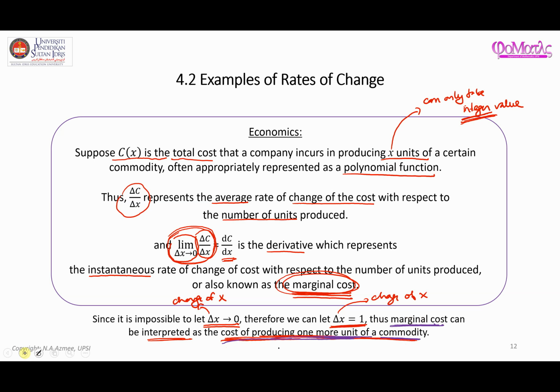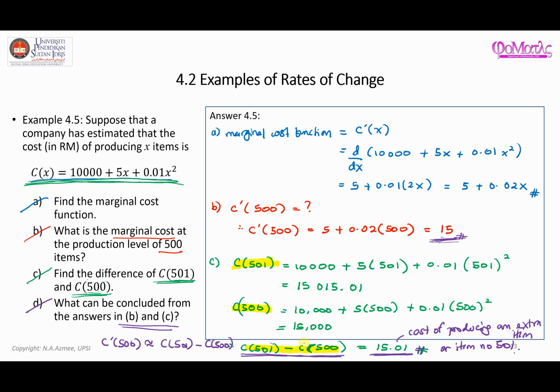So that is why the answer here will be similar to the marginal cost, because based on that interpretation, marginal cost is the cost of producing one more unit of commodity, and this is actually the same thing as having the cost of 501 items minus the cost of 500 items, which gives you the cost of producing another one unit of commodity. All right.